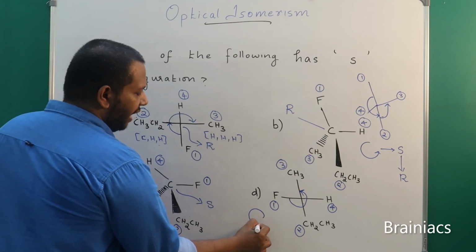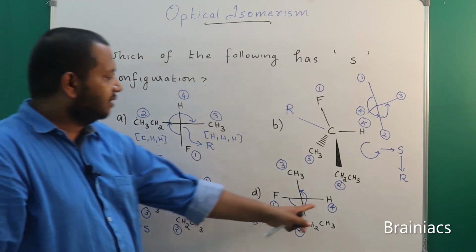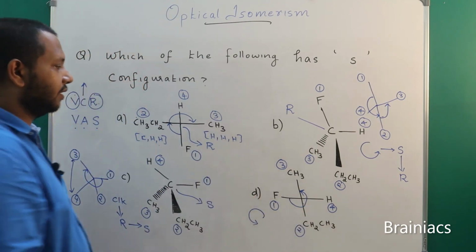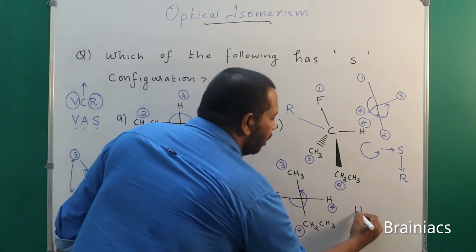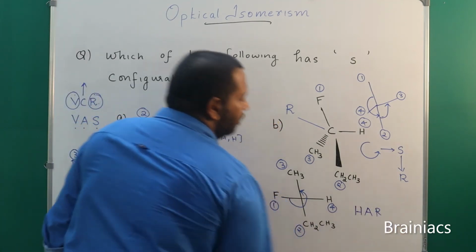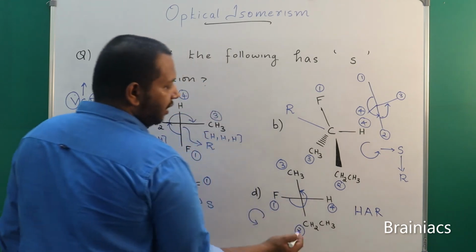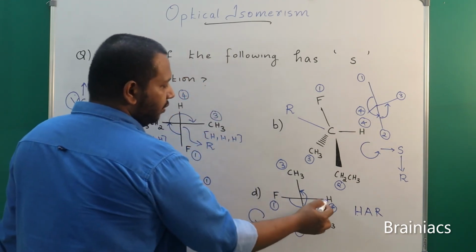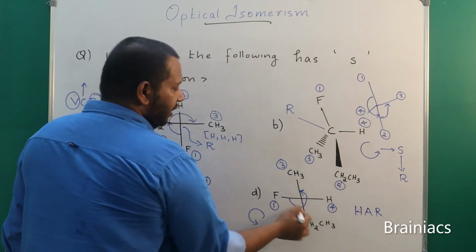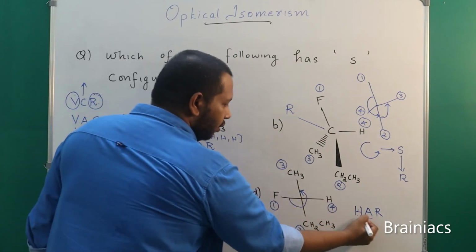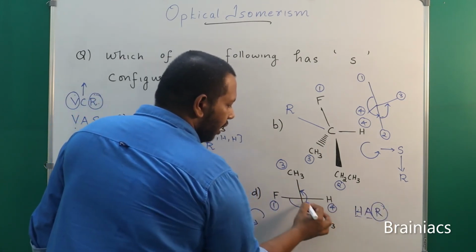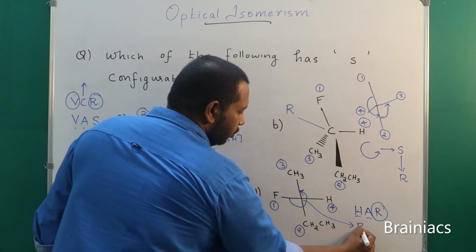It is rotating in the anti-clockwise direction and the least priority is present on the horizontal side. On the horizontal side we know the rule, correct? So the least priority group is on horizontal and it is rotating anti-clockwise, so its configuration should be R. Yesterday I taught you this technique.